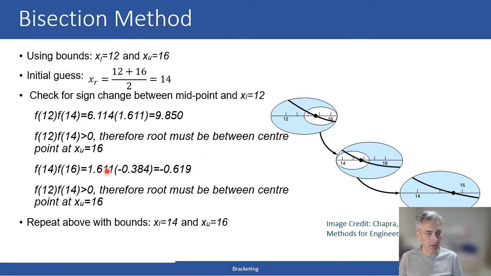This time the function turns negative. This product of f of 14 and f of 16 becomes negative, so I know there must be a root somewhere in that range. And then we can repeat the process over and over. Each time I will be narrowing down, honing in on where the root is.